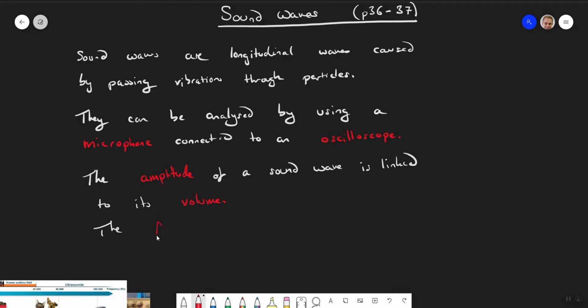And the frequency of a sound wave is linked to its pitch. So basically, as amplitude goes up, volume goes up. As frequency goes up, pitch goes up.